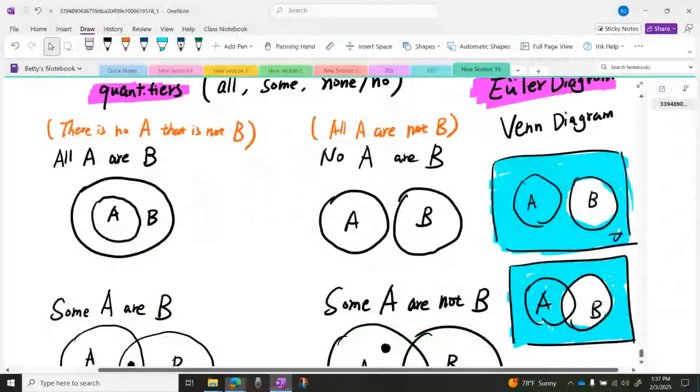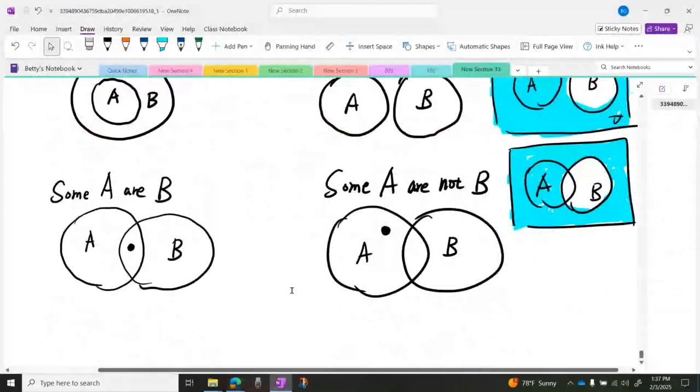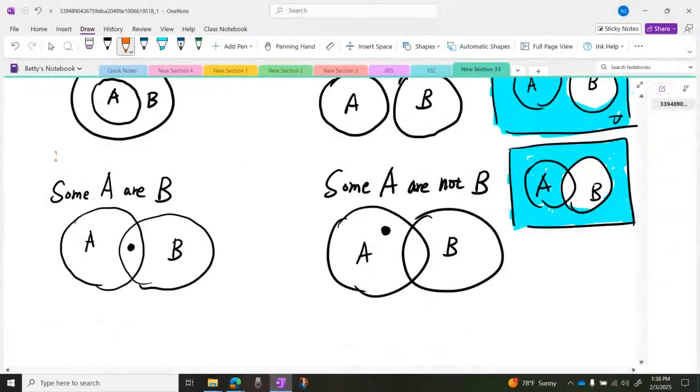Okay, perfect. And the third one, some A are B. The equivalent way to say some A are B is there is at least one member of A that also belongs to B. One element of A in B. Right?